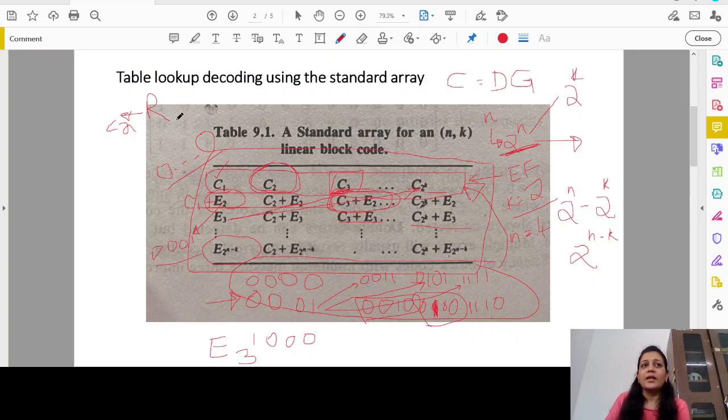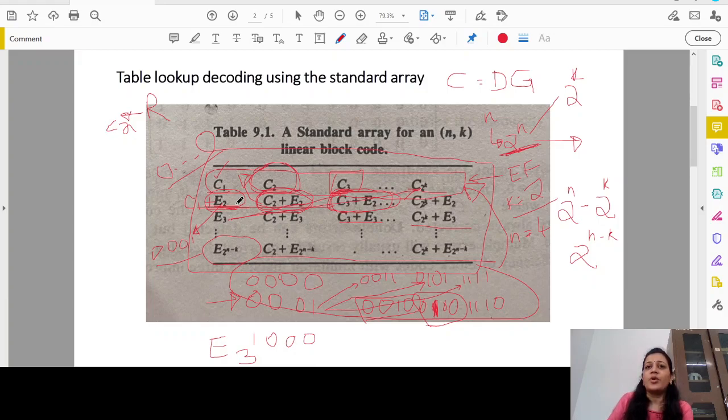Similarly, the received vector may even match with C2 plus E2. Even in this case, we will assume that the error pattern in the channel is the same as E2, whatever you have chosen, and therefore you will decode it as C2. So now we can see that in the previous case the received vector was matching with one element, and in this case it is matching with this particular code, right? In these two code words, the error patterns are the same.